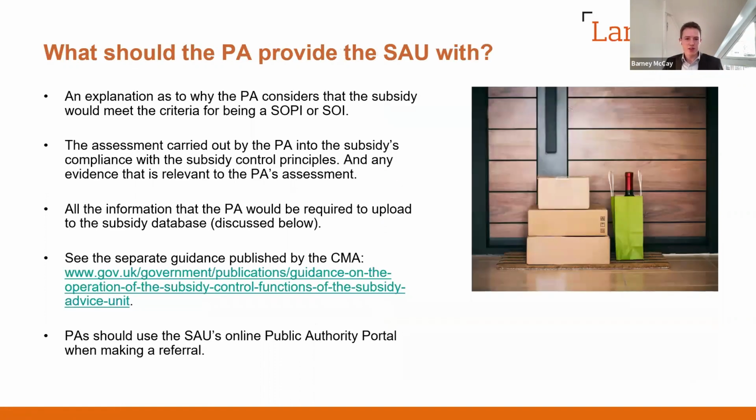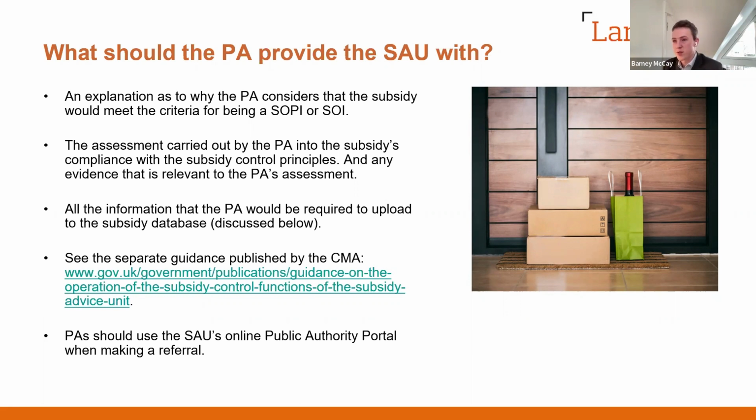What should the public authority provide the Subsidy Advice Unit with when it refers an award? It needs to provide an explanation as to why it considers that the subsidy would meet the criteria for being a subsidy of interest or a subsidy of particular interest.